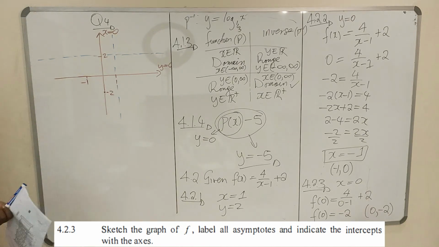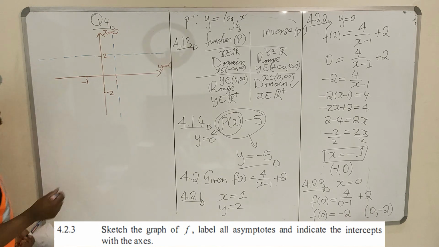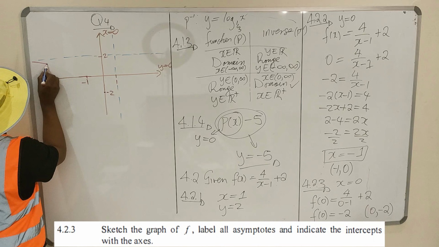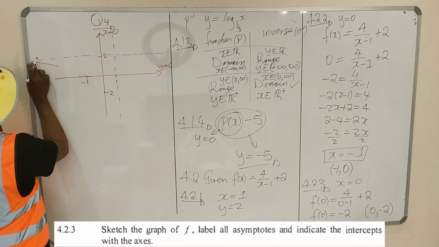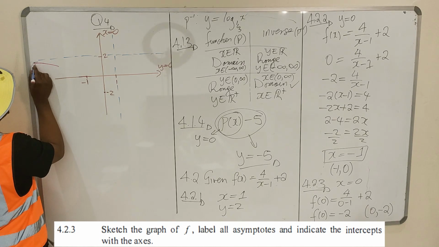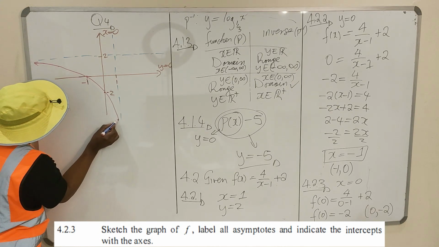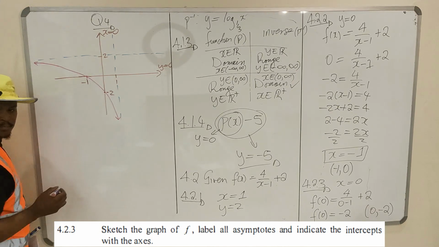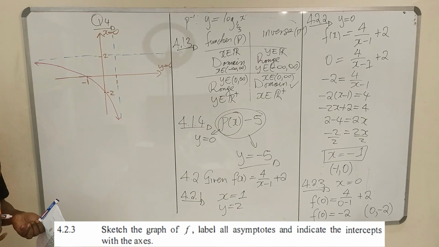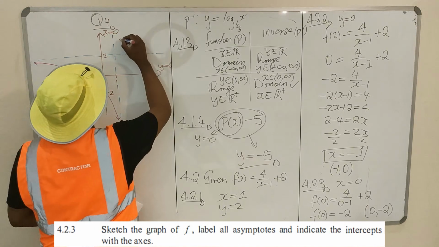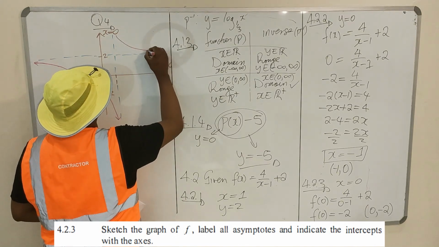This is the vertical asymptote. So to plot it, pass it through here and there. I'll say something like this. It's not touching the asymptote. Does it touch the asymptote? No, it approaches the asymptote the whole time. Then the other half will be on this side.